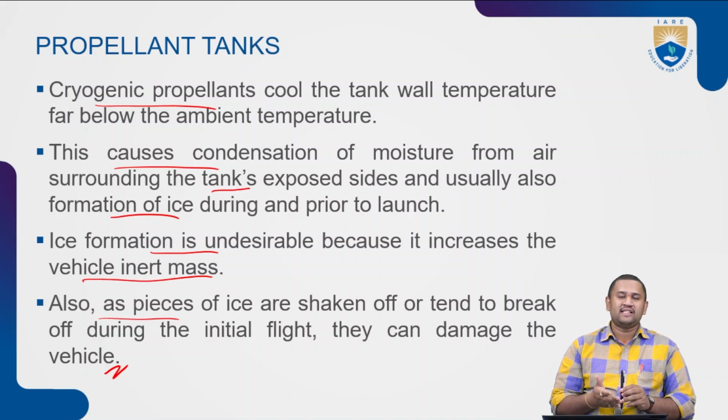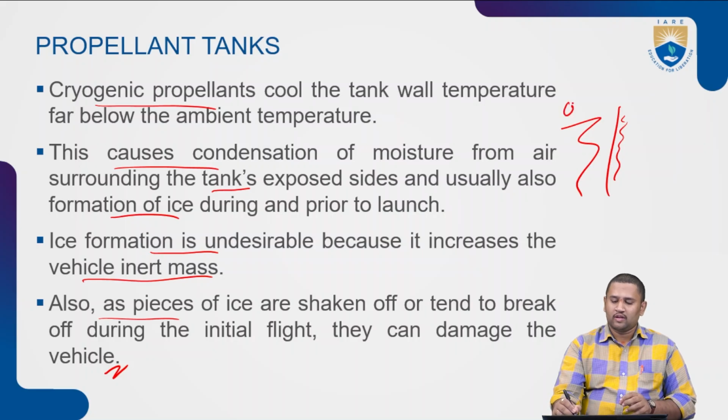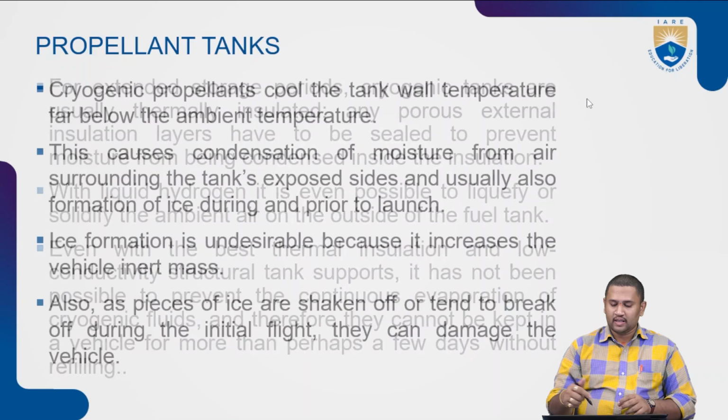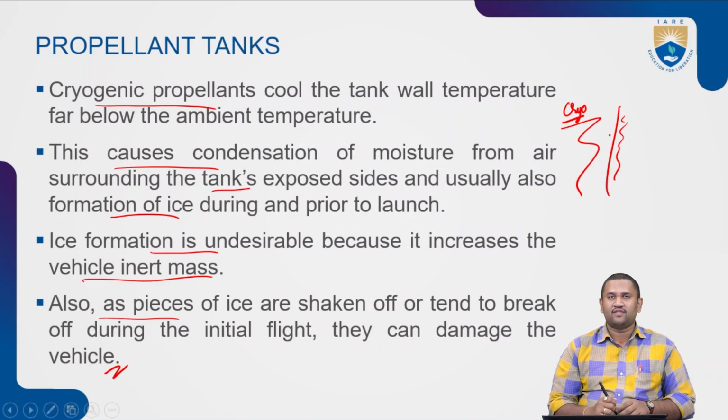So, as there is interaction between them, the water vapor available in the atmosphere will condense onto the surface of my rocket, right? They tend to condense on the surface of the rocket, which makes the initial rocket mass high.